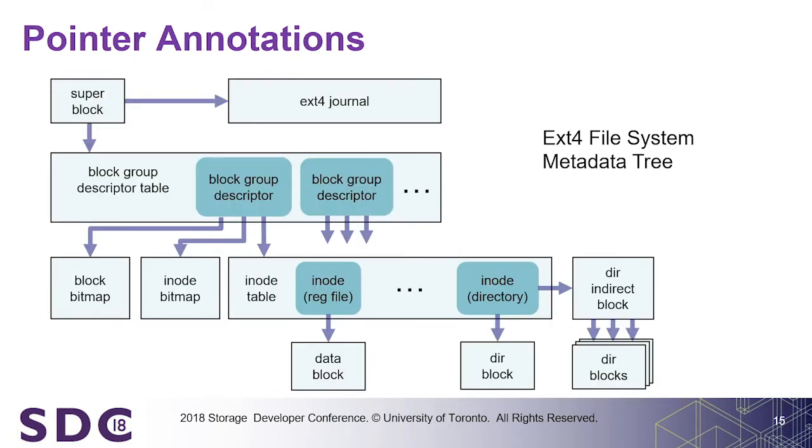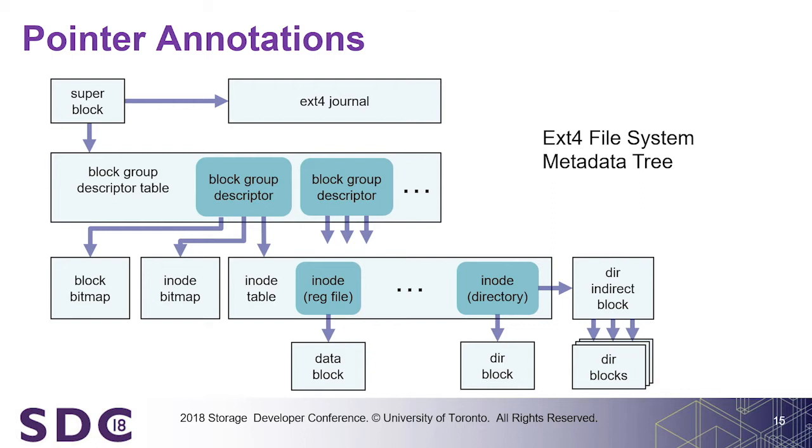Pointer annotations provide the ability to specify relationships between file system structures. Thus, they allow traversal of the file system. For example, in ext4, from the super block, we can reach the ext4 journal and the block group descriptor table.